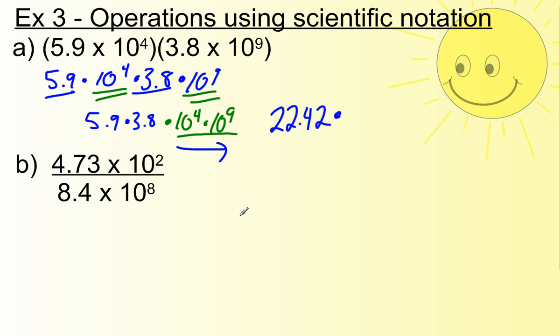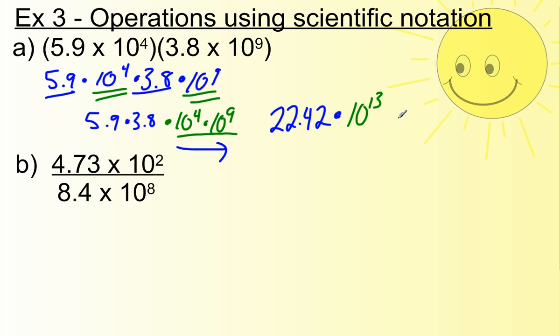We have two powers with the same base. So to multiply these two together, we add the exponents. So we're at 22.42 times 10 to the 13th. That sounds like scientific notation.